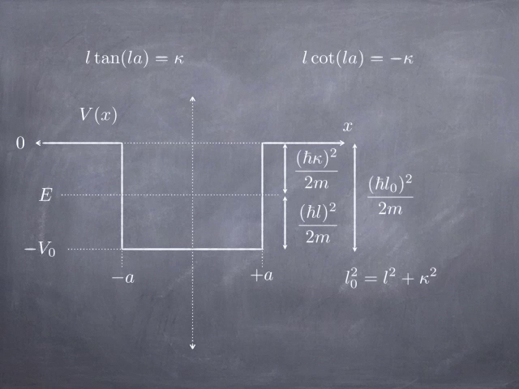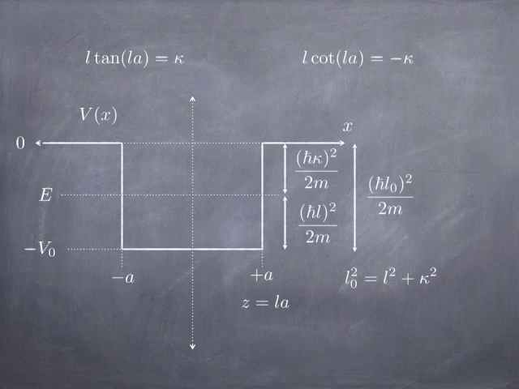But those states that have a high energy close to the edge of the well, close to 0, they have a large little l, and that means their kappa is very small, which means they penetrate deeply into the forbidden zone outside the well. So that's the meaning of that statement. The mathematical consequence is that if you know little l, you also know kappa, so they're not independent of each other. You can use this relationship to relate one to the other, and that's exactly what we're going to do.